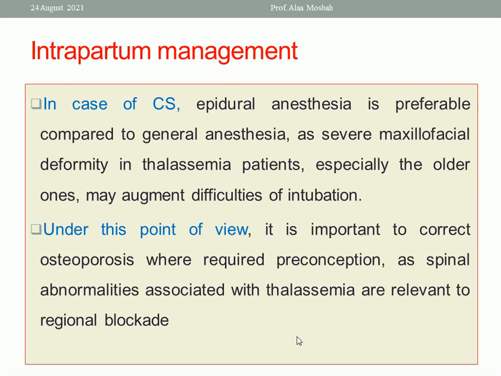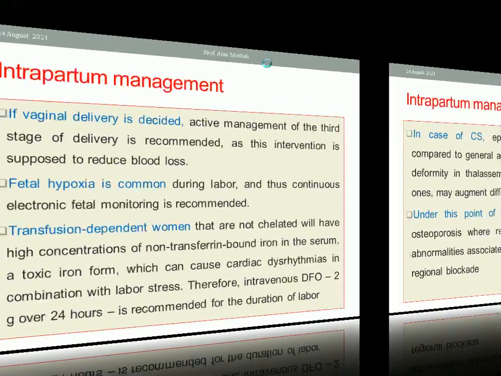So from the start, before planning for pregnancy, you should correct osteoporosis. You should avoid spine deformity because all of this may cause an obstacle when you are doing regional anesthesia or epidural anesthesia. This is important to be noted.